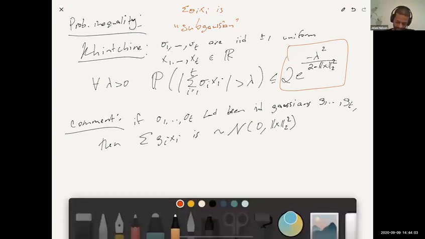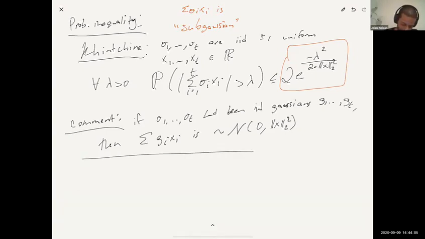So why is this relevant? Because in our case, remember, we have this error, which looks like a double sum: the sum over j from 0 to h, and then the sum from r equals 1 to mj of sigma jr times something.